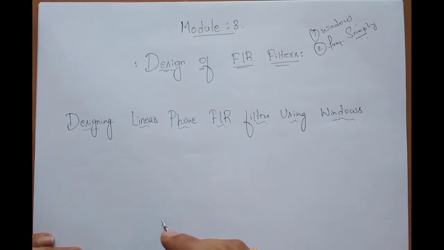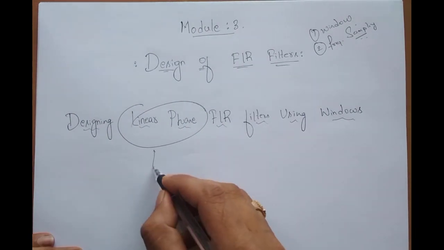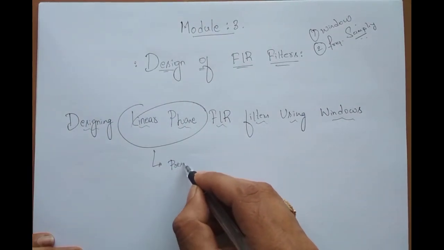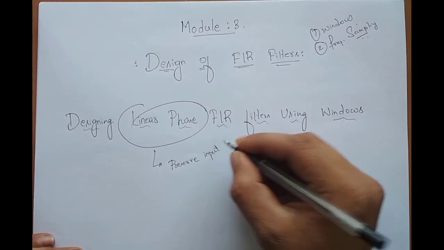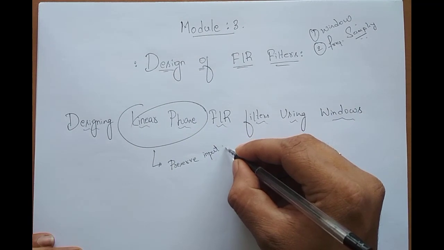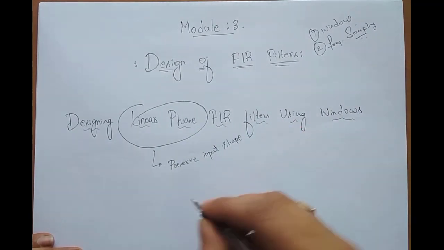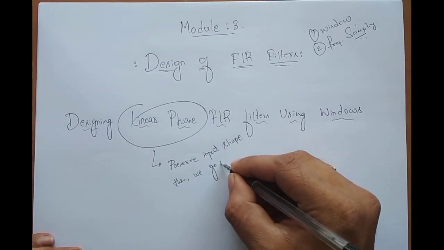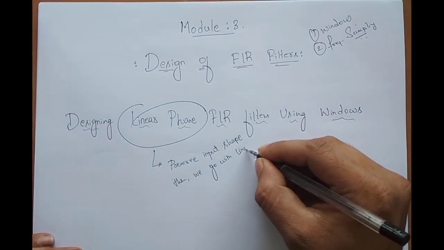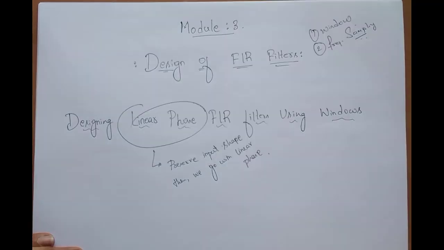Before we start with this, what is the significance of linear phase? If you want to preserve the input shape, then we go with linear phase. Basically in medical applications, the shape of the waveform is very much important.